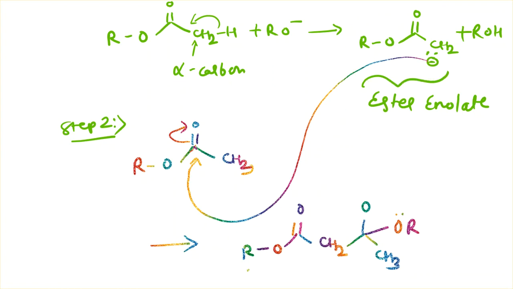So this is your nucleophilic attack of R double bond O bond C double bond O bond CH2, and this attacks here. So this bond breaks, and here the oxygen will have 6 electrons around it, and this OR group is there, and this CH3. Now this is an intermediate.